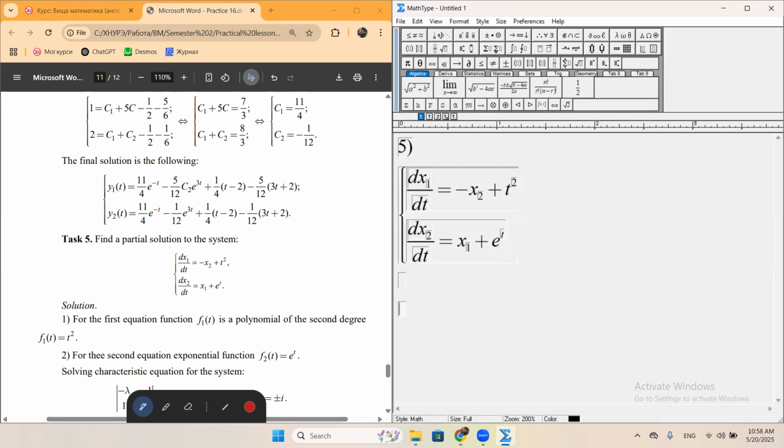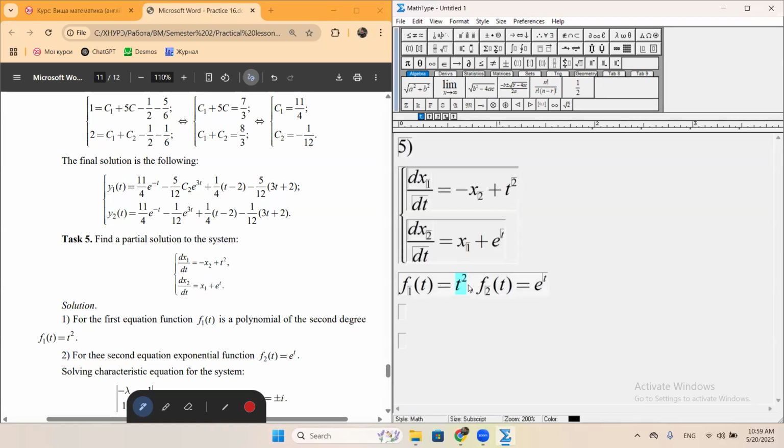How do the inhomogeneous parts look here? For the first equation, the function f1 of t equals t square. For the second, f2 equals e to the power of t.